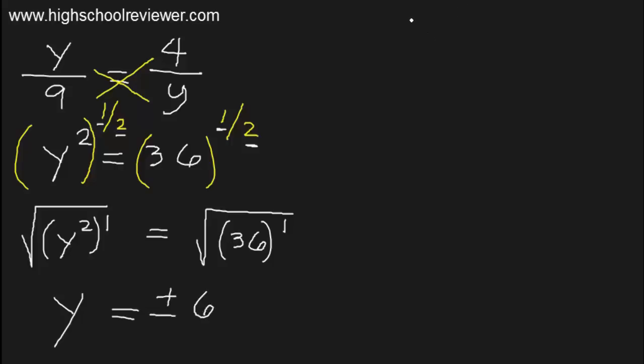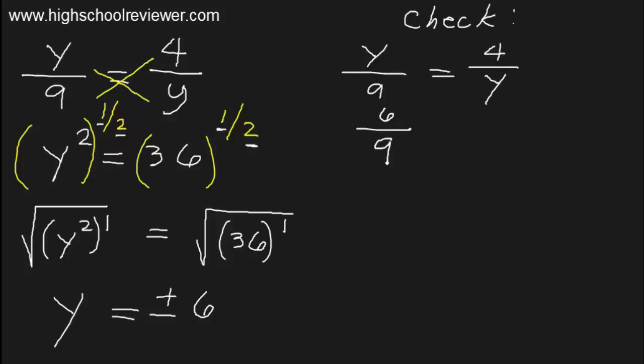And let us check if our answers are correct. So our first value for y is positive 6. So our equation will be y all over 9 equals 4 all over y. So our y here is positive 6 all over 9, and this will be 4 all over 6.